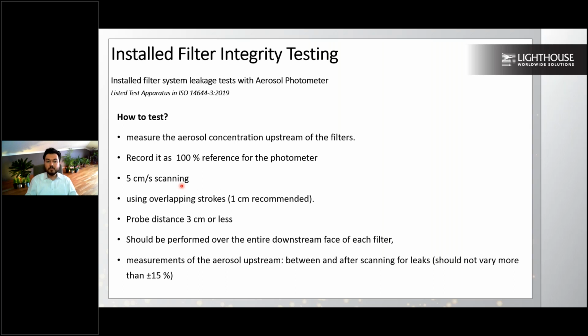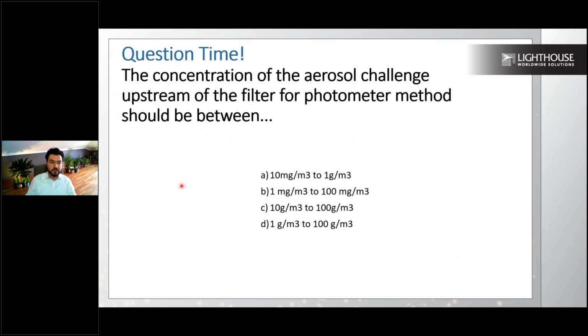And probe distance from the filter surface shouldn't be more than 3 centimeters, can be less from the downstream filter face or the filter frame structure, as described in ISO. And this should be performed over the entire downstream filter face for each filter, perimeter of each filter surface, and seal between the filter frame and the grid structure, including all its joints. These are all points that we need to consider.